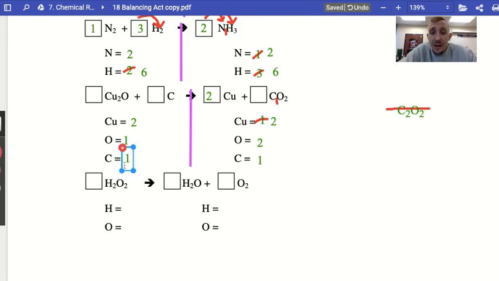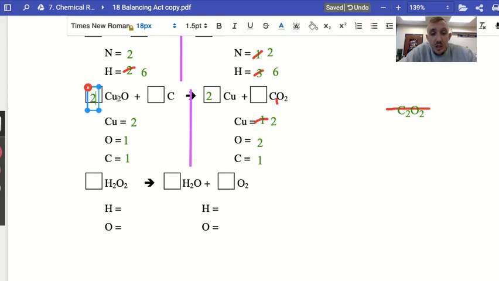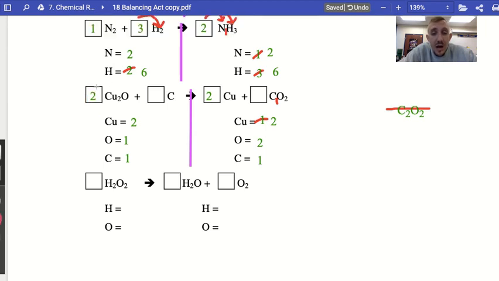Well, now I need to balance my oxygen. Okay? And so what can I multiply 1 by to get it to 2 on the right? And so I'm also going to put a 2. But notice this goes to both copper and oxygen. So 2 times 2 is now going to give me 4.